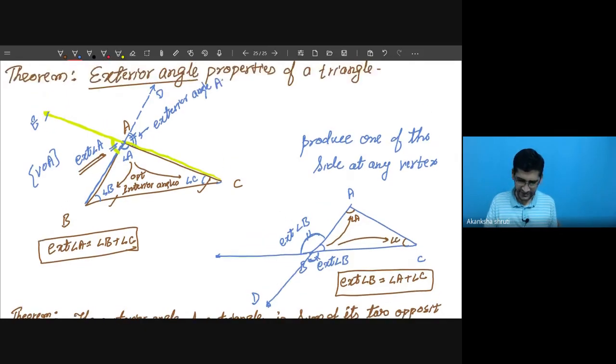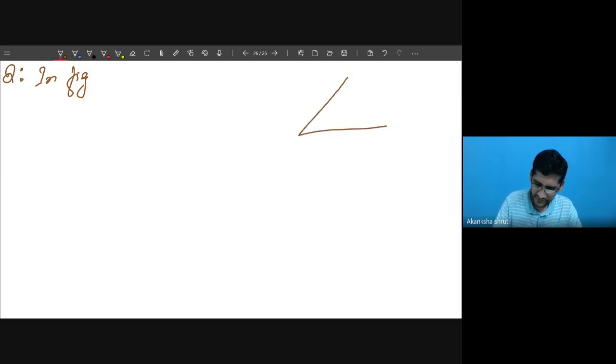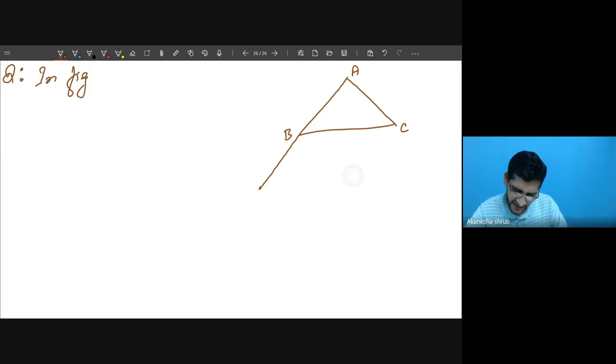So that I have explained first, then I had written that here. Students, solve one of the questions. So in the figure, let me draw a figure. A triangle is given and this side is produced. Let me take this as A, this as B, this as C, and there is an angle bisector of this.